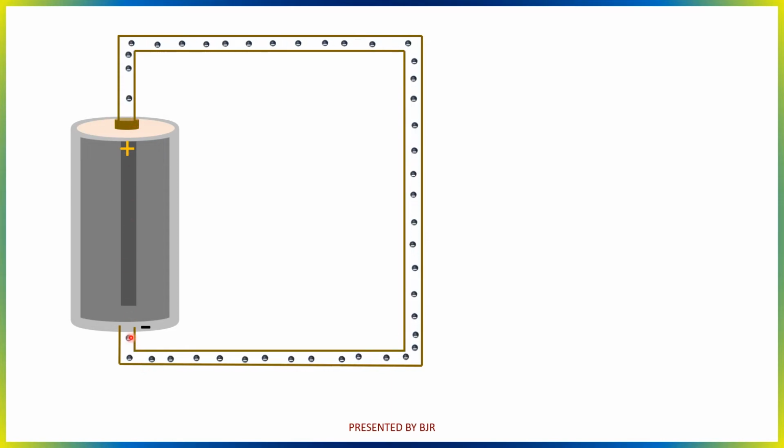For that, the free electrons are moving in a unified direction from negative to positive terminal of the battery. Great. So now what is electron current and what is the conventional current? Let us define.